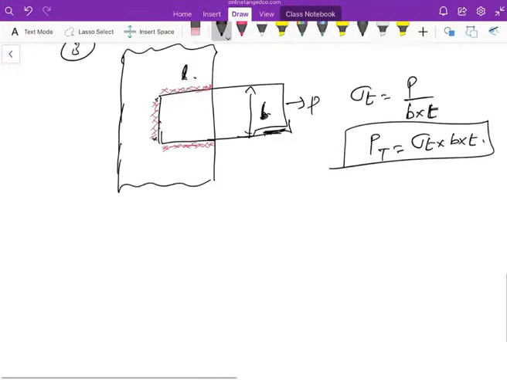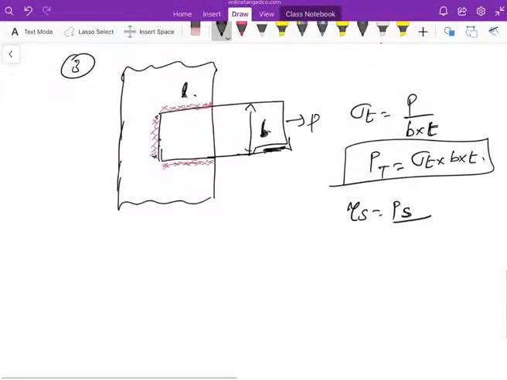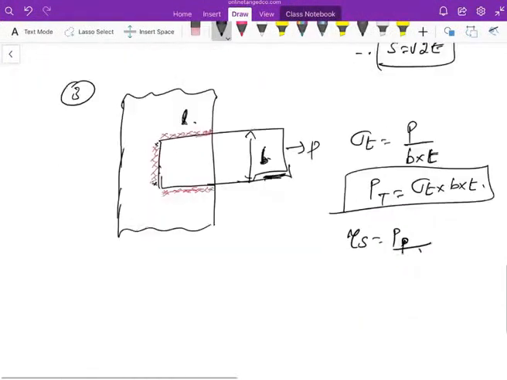Now if you are taking the shear load, tau s is nothing but PS, or we can denote it by PP. PP means load for parallel welding. This load P is divided into PP and PT.